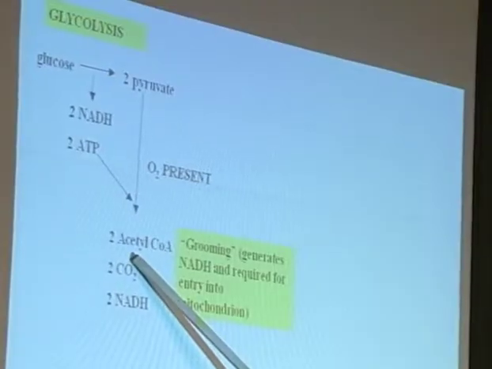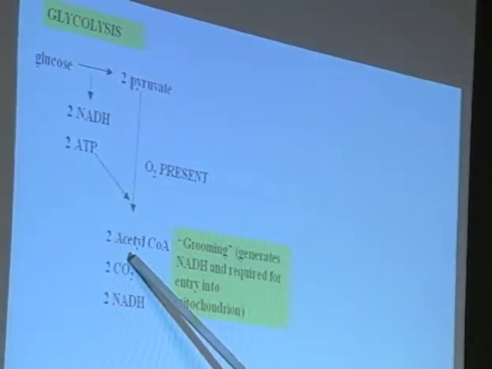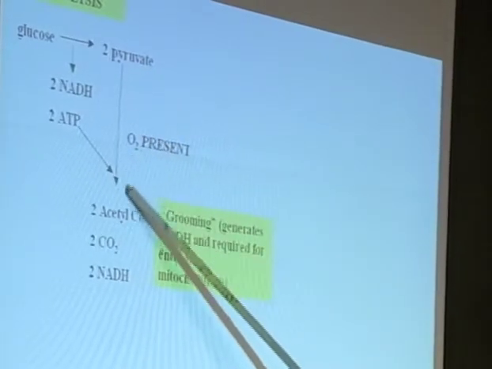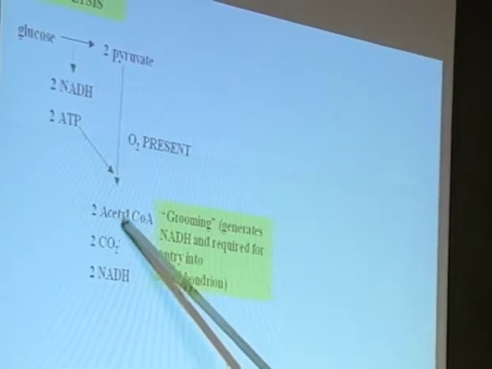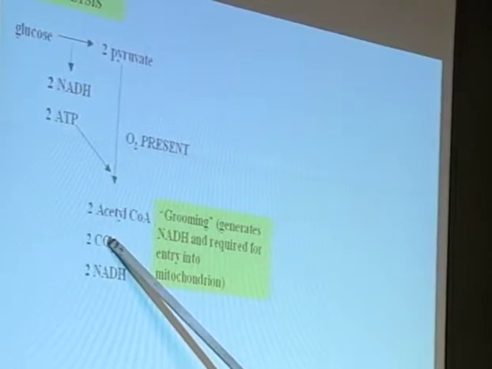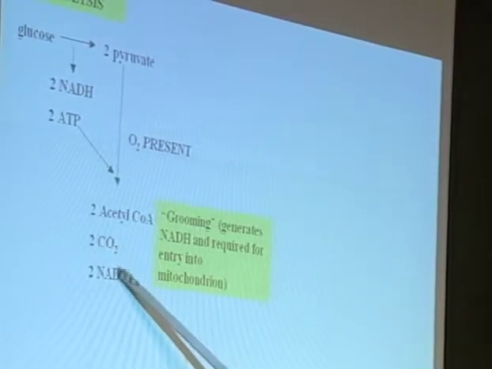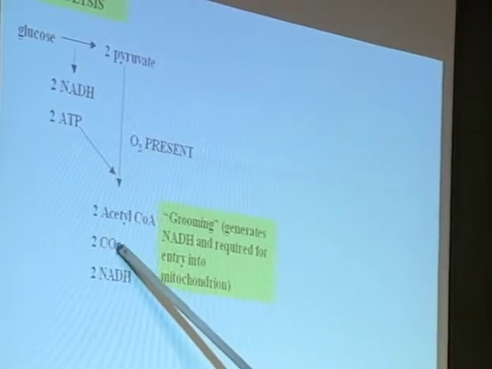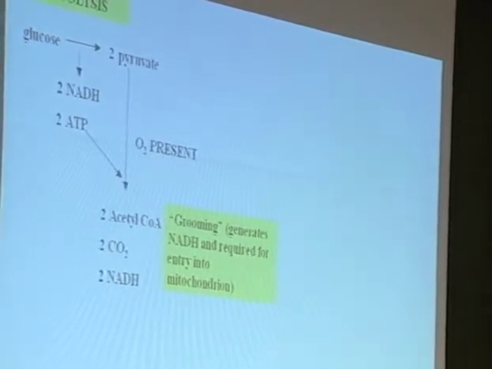It generates a molecule called acetyl-CoA. These acetyls just have 2 carbons each. So from the 3-carbon molecule up here, we generate 2-carbon molecules and 2 CO2s, so we still have all of our carbons accounted for. And again, high energy electrons, because we've pulled off those carbons and captured the electrons.